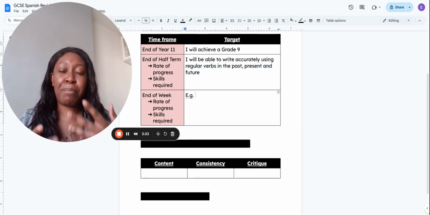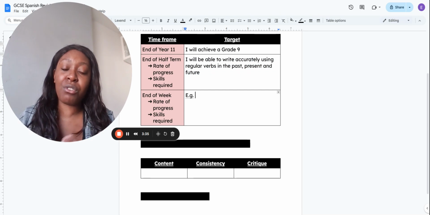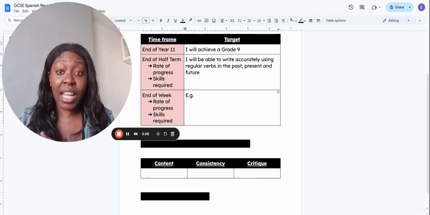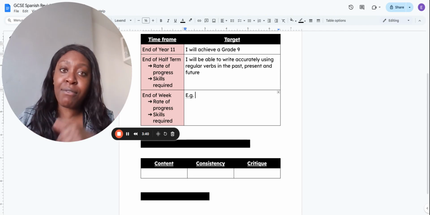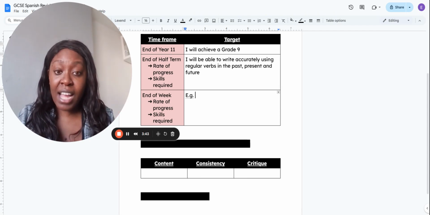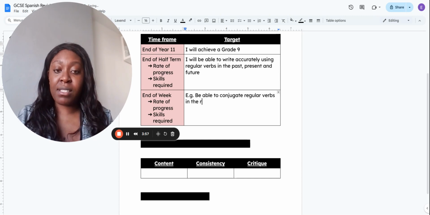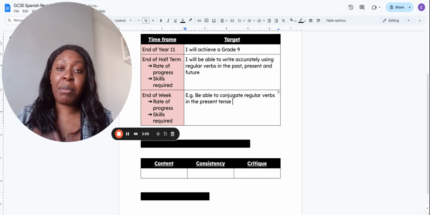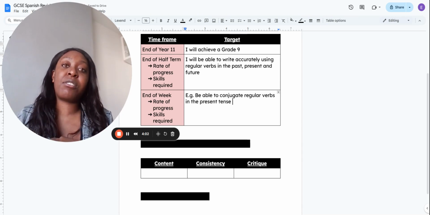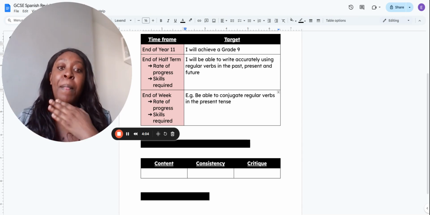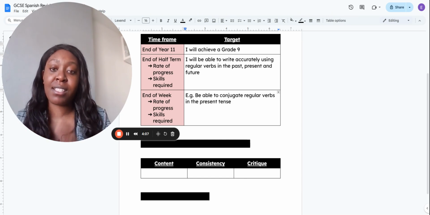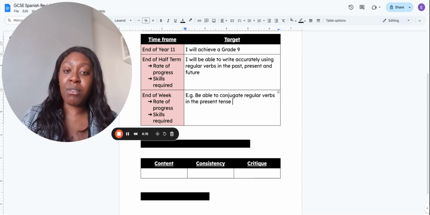Normally when students enter year 10, they do know the present tense, but if I was doing it right from day 1 of year 10, in the first week I would say I need to be able to conjugate regular verbs, which means to change the verbs, in the present tense. So that child is going to be revising and recapping how to form verbs in the present tense at the end of week 1, and then we would move on.